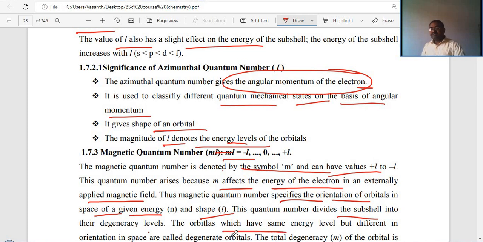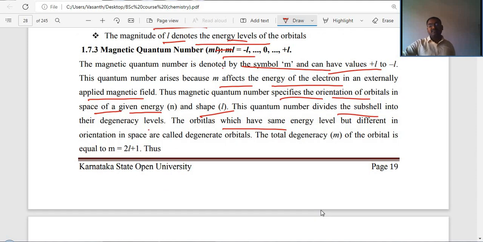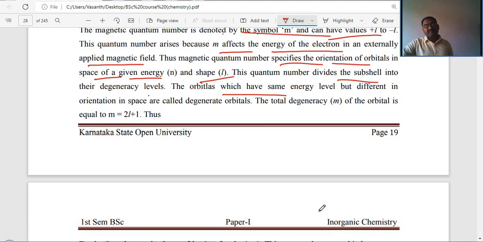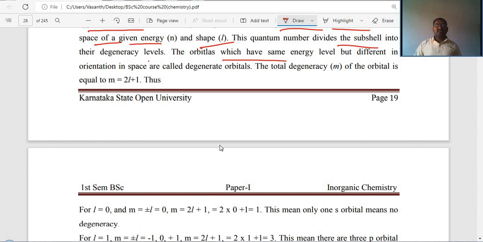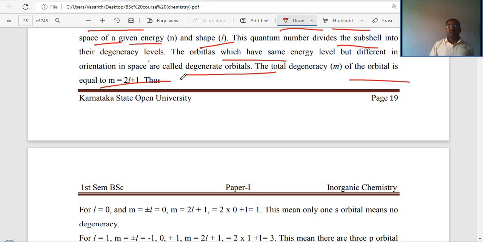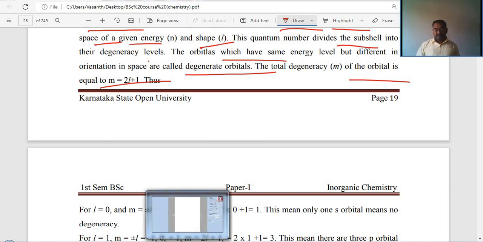The orbitals which have the same energy level but different orientation in space are called degenerate orbitals. The total degeneracy of the orbital is equal to 2L plus 1.